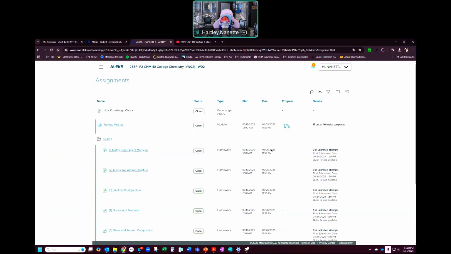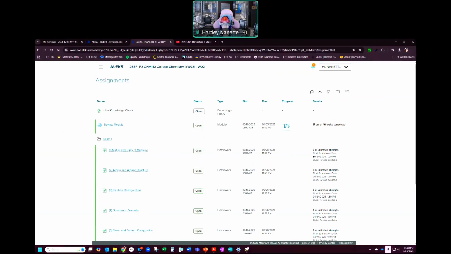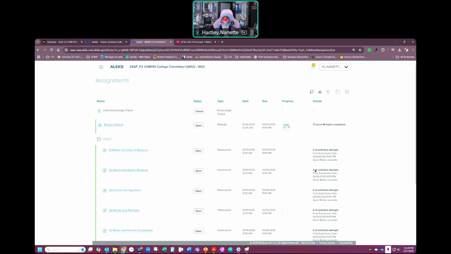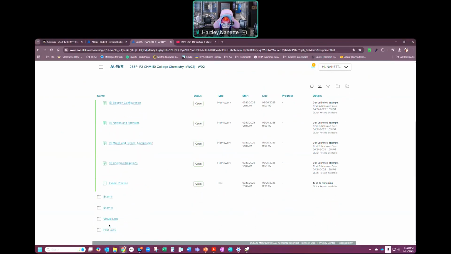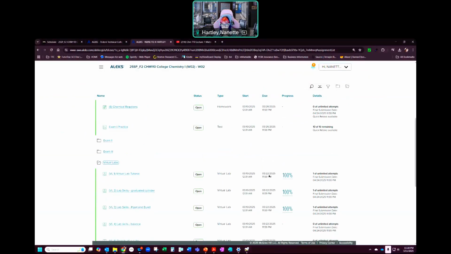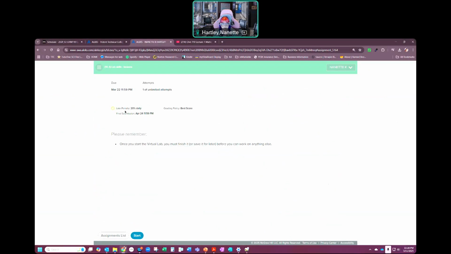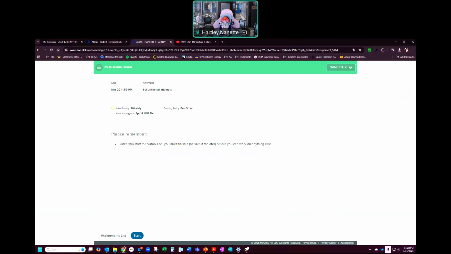Okay. These are the due dates for those. These are the number of attempts that you have, the final submission date for each of them, and the date that they open. For your labs, you will see that they have due dates associated with them. This is the final submission date. But when you come into them, you'll see that there is a late penalty, and it's 20% per day.